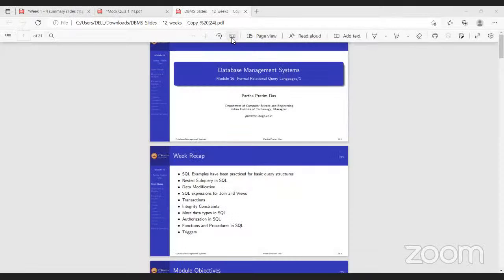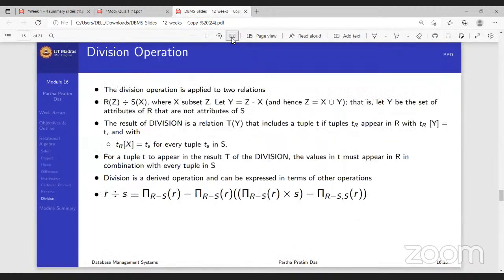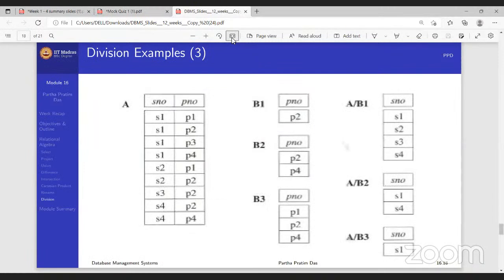Division operation is in the slide. Just 1 minute. Yeah, here, right?